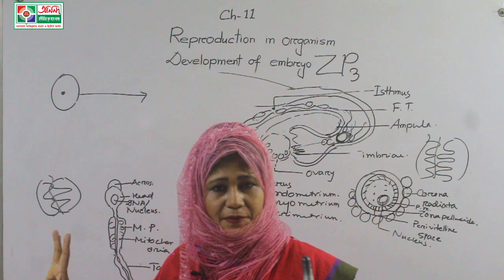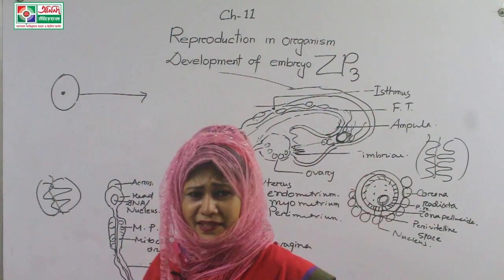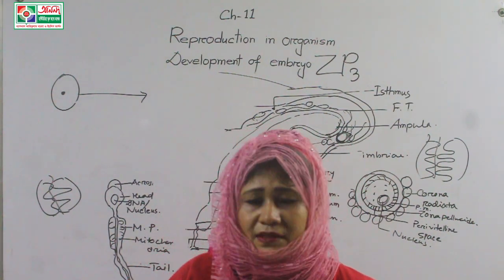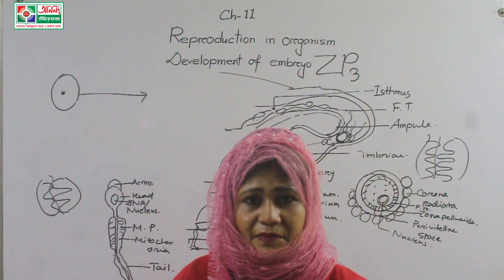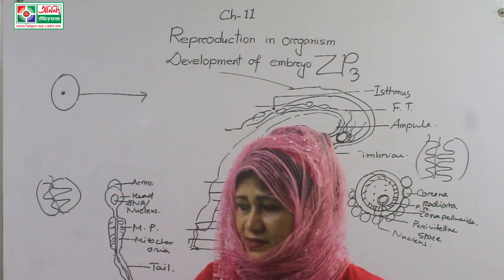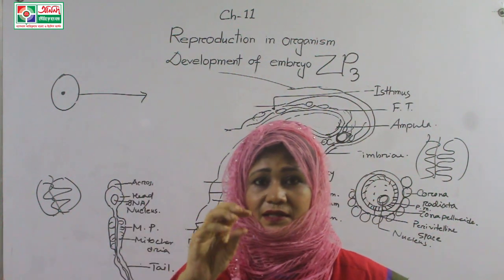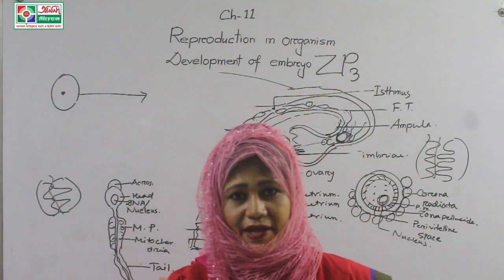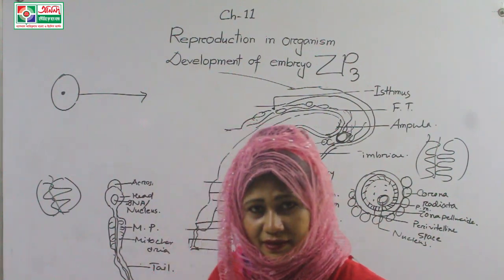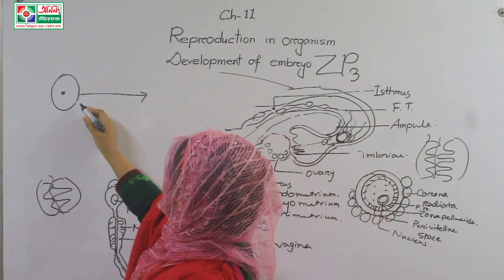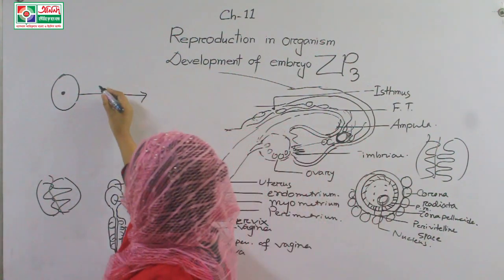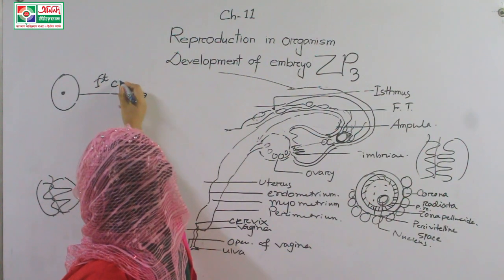In ordinary mitosis, the daughter cells remain the same size as their mother cell. But in cleavage, the daughter cells gradually become smaller in size.